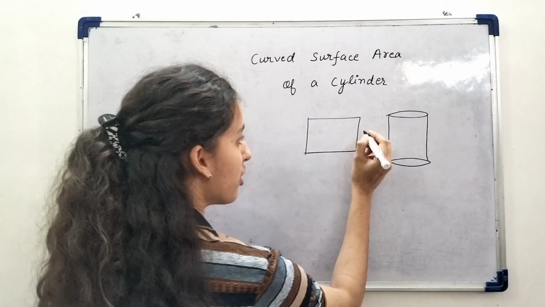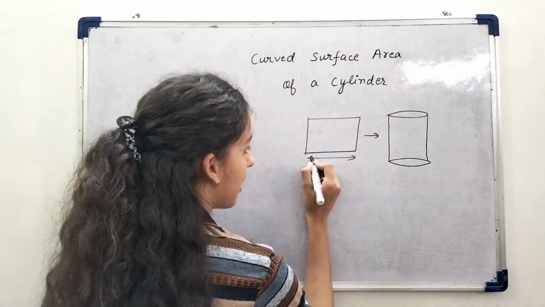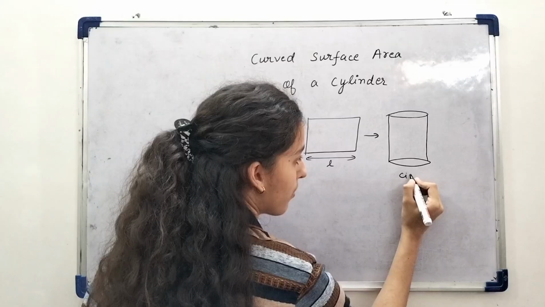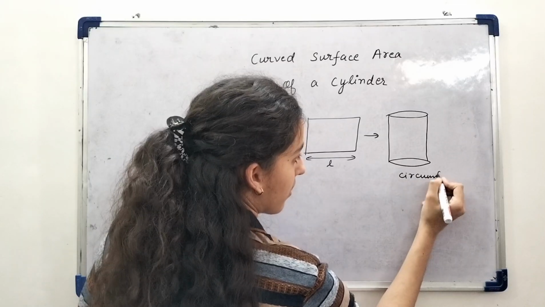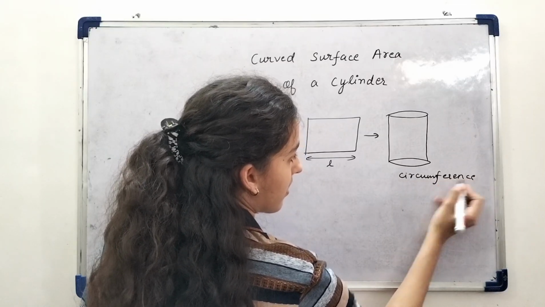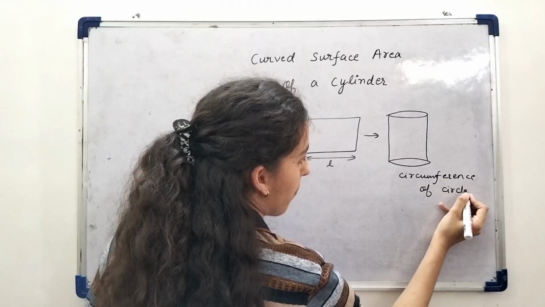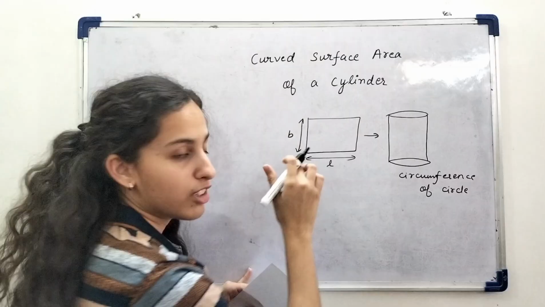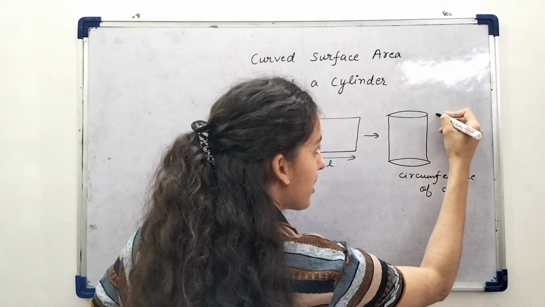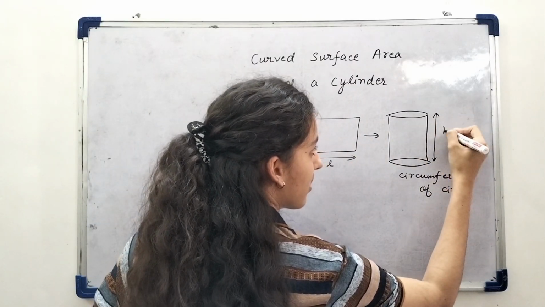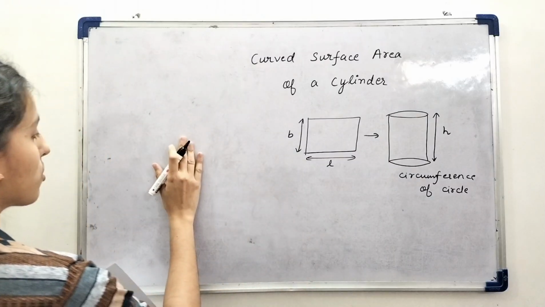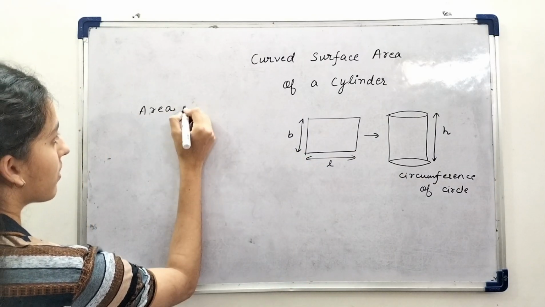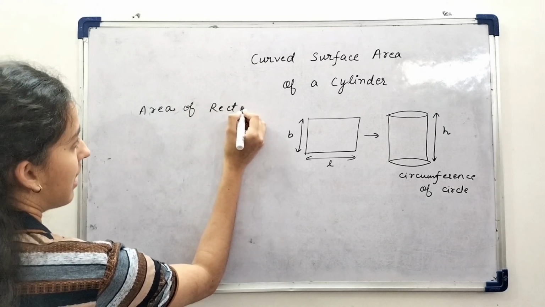So if I open up this cylinder, it will turn into a rectangle. It is clearly known that the length of this rectangle converts into the circumference of this circle, and the breadth of this rectangle converts into the height of the cylinder. Correct? So the area of the rectangle is length into breadth.